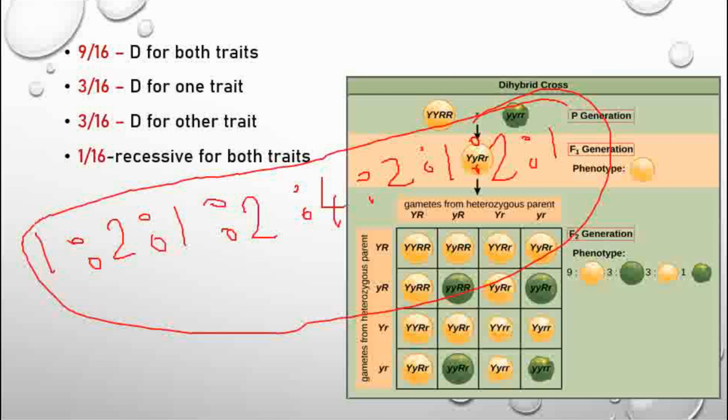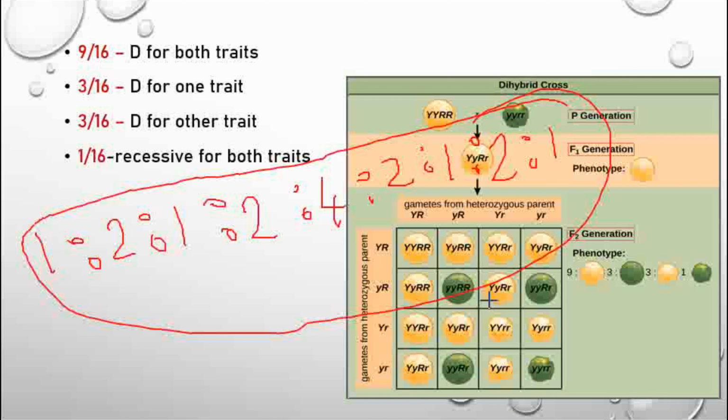In the same way, next, what about the 9:3? When we check the 3, the 3 is round and green, right? So there you can see the genotypic difference.